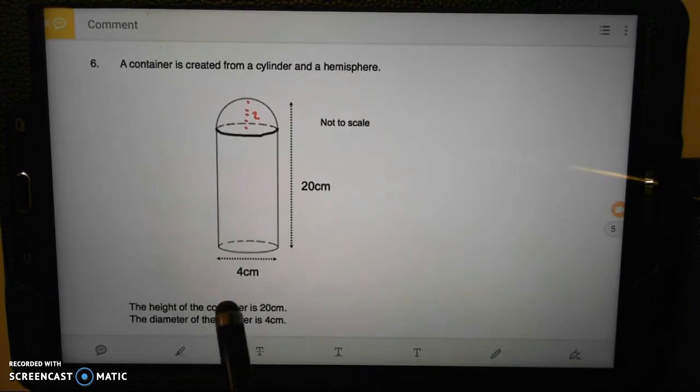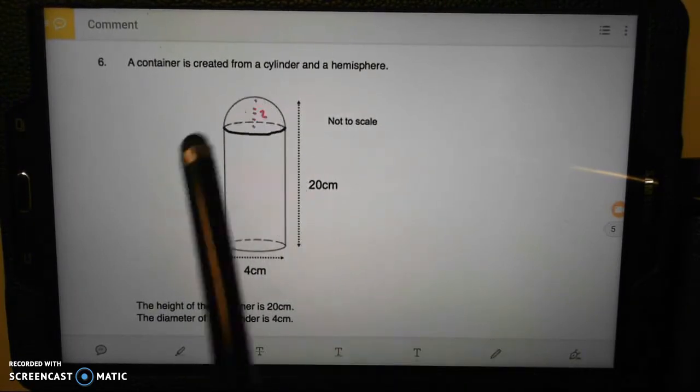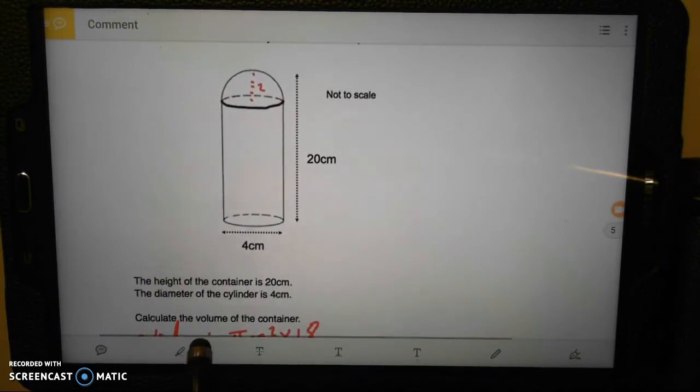The height of the container, from the bottom right to the top tip, is 20 centimeters. And the diameter of the cylinder, from one side of the circle to the other, is 4 centimeters. The question is, calculate the volume of the container.